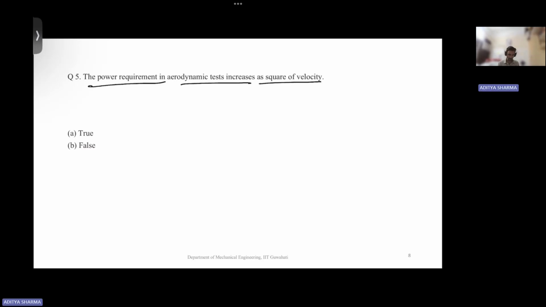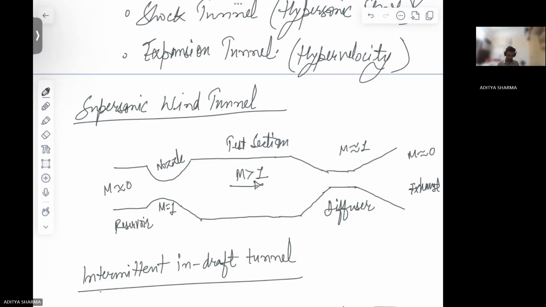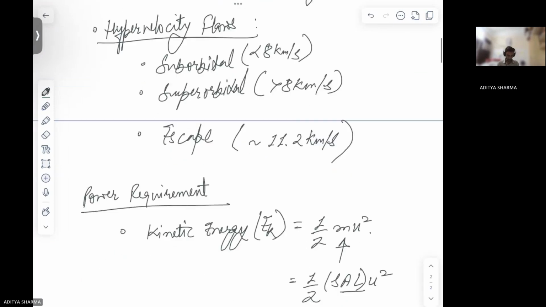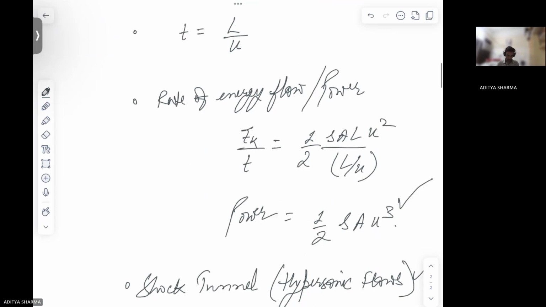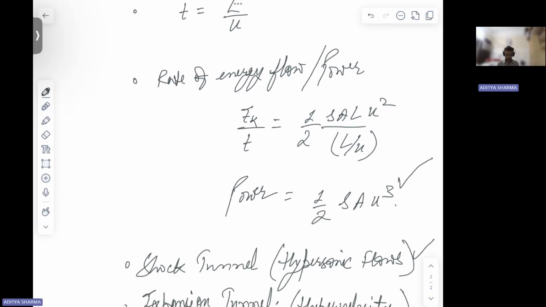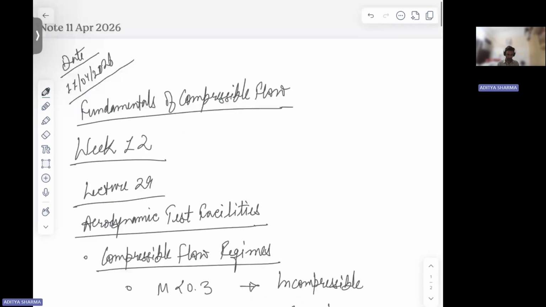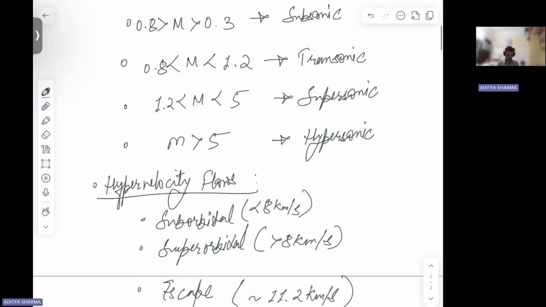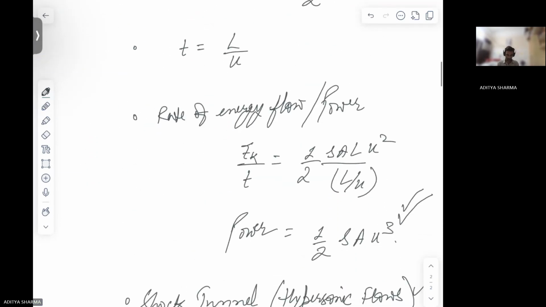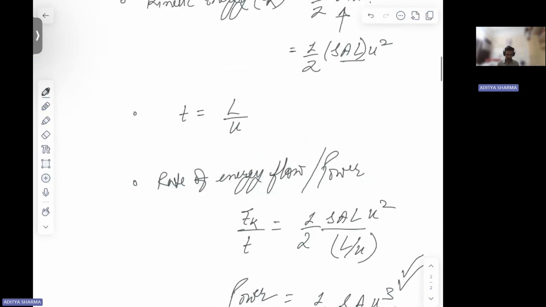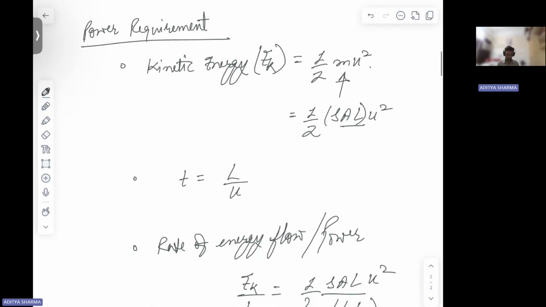So we have seen here the power requirement. So this is cube of your velocity. Okay. So power requirement is cube of your velocity. Now you must have understood.